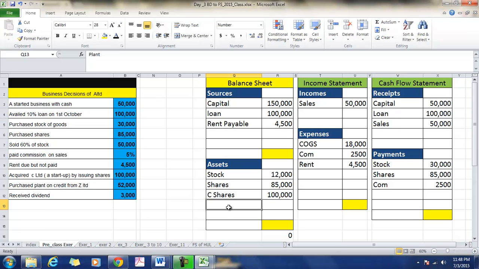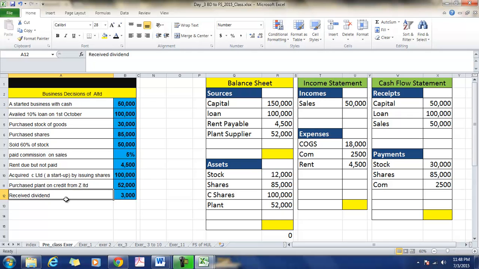In the same manner, plant has been acquired, but not through cash, but creation of a liability called plant supplier. So sometimes acquisition of asset results in outflow of cash, sometimes it results in a liability, sometimes it results in increase in capital.